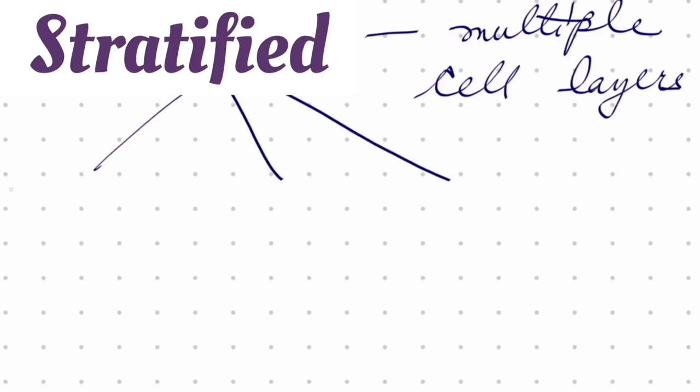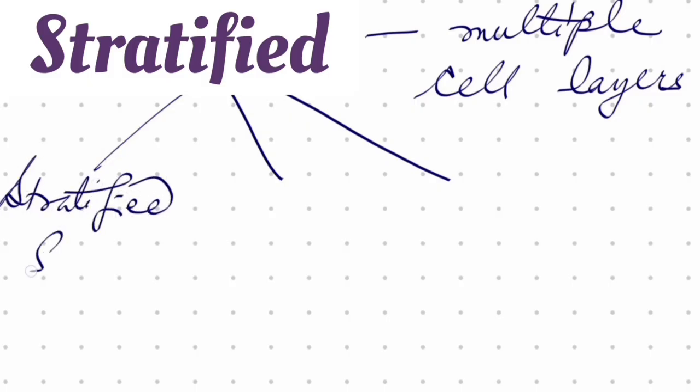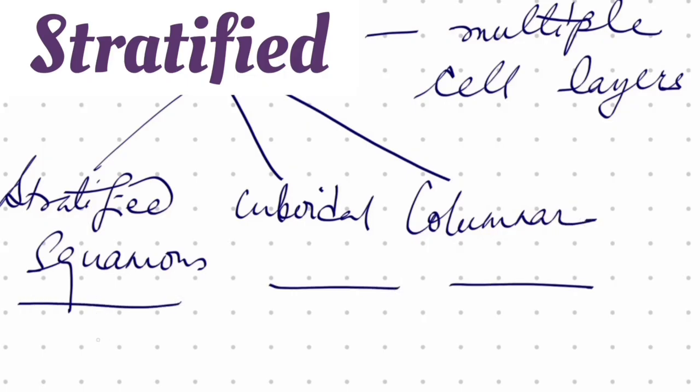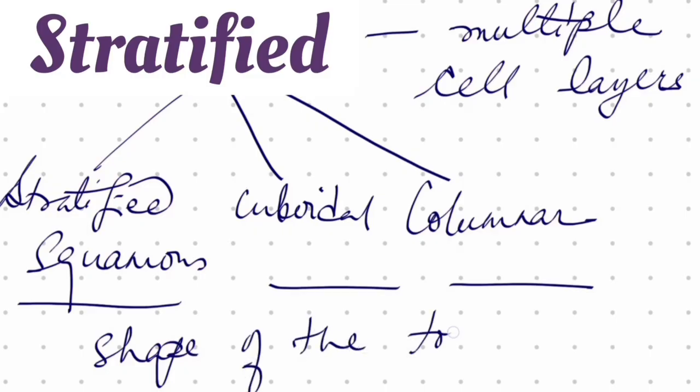So there will be stratified squamous, cuboidal, or columnar. But this is based on the shape of the topmost layer of cells.